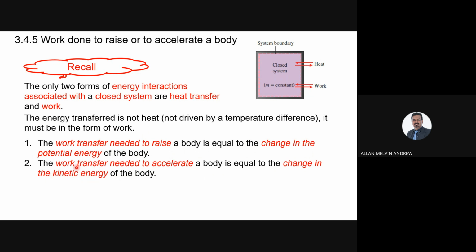The velocity is changing, so the velocity can double or increase. Whatever is related to velocity will be related to kinetic energy, because the formula for kinetic energy is half mv squared. The mass is the same, the half is the same, so the only thing changing is the velocity squared. So all these are related to the work done to raise or to accelerate a body.